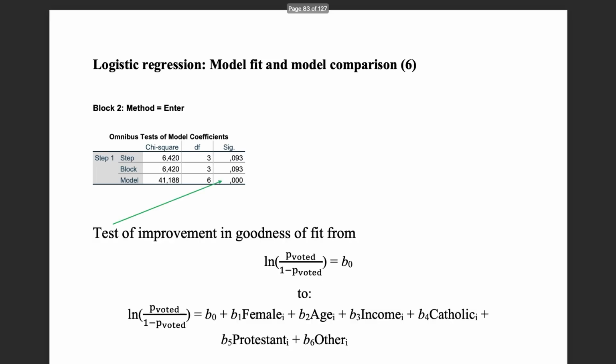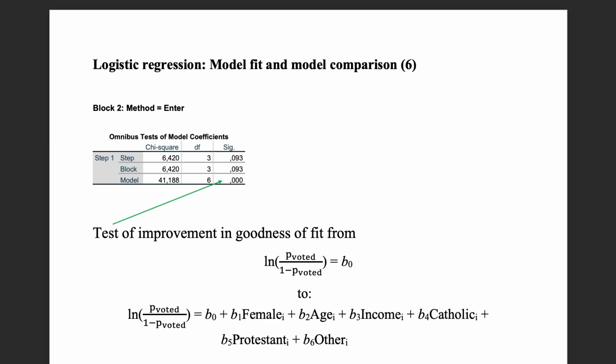So what does this model tell us? Well, this table is about the second model that we estimated, which was the model where we included gender, age, income, and the dummy variables for religious denomination as x variables in the model. So at the bottom of this omnibus table, it still gives us a chi-square test statistic that is about this entire model compared to the so-called null model, where we are just using the log odds of voting to predict whether or not people voted, right?